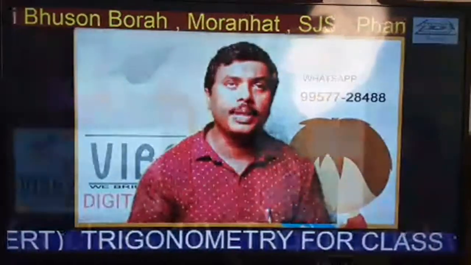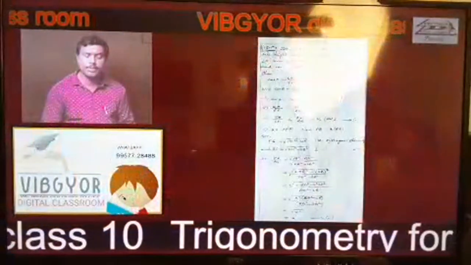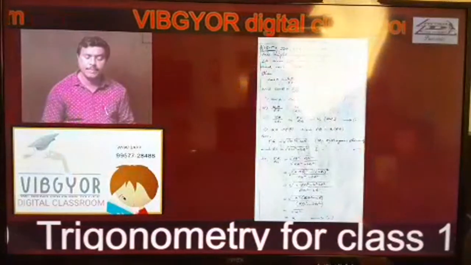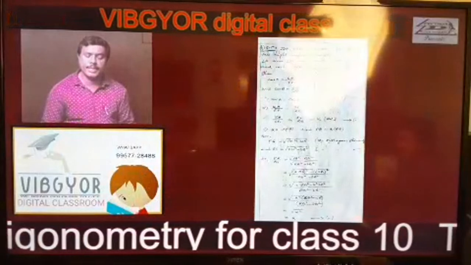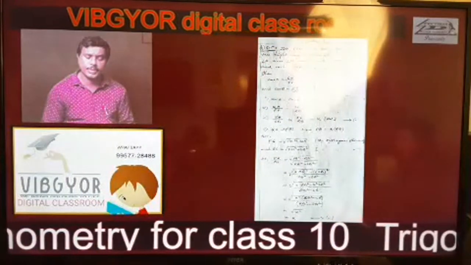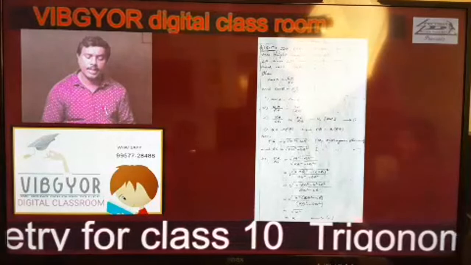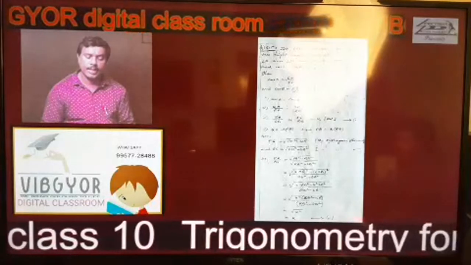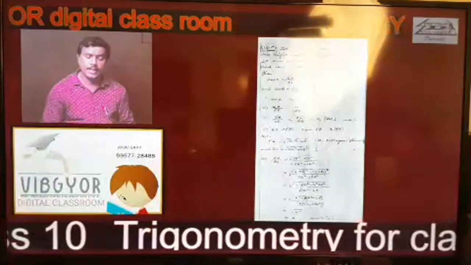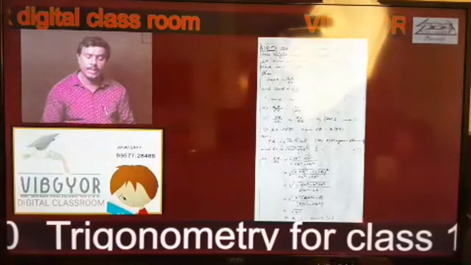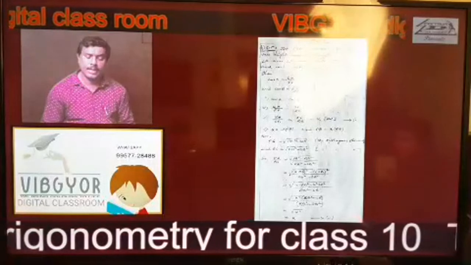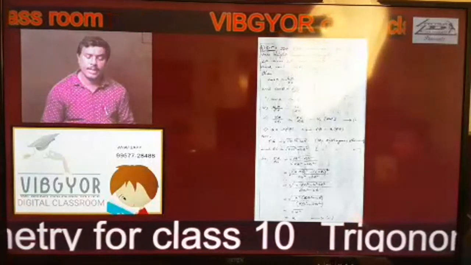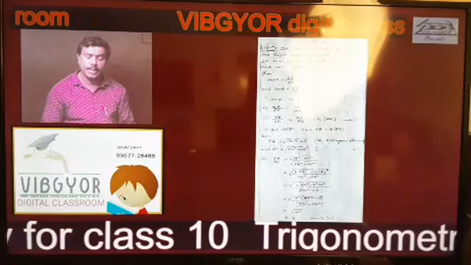So PQ by RS is equal to, we will put the respective values: under root PA square minus QA square, and under root RB square minus SB square. Then we will put the value of PA, that is KRB, and the value of QA, KSB, and we will simplify it.